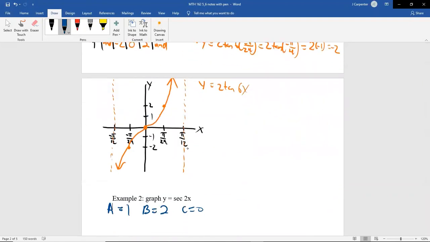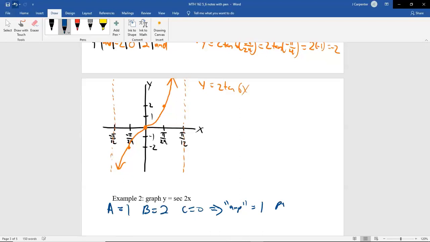Okay, good. So therefore, our amplitude, and again, I put it in quotations because it's not a true idea of an amplitude. It's not a peak, but it at least does give us an idea of something. So that's related to the a, which is not the 2, that's the 1.